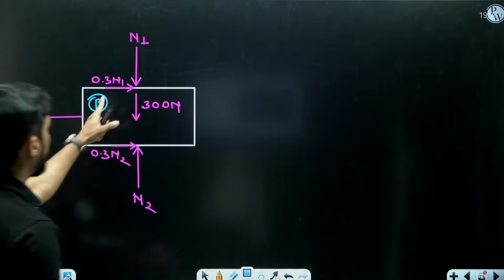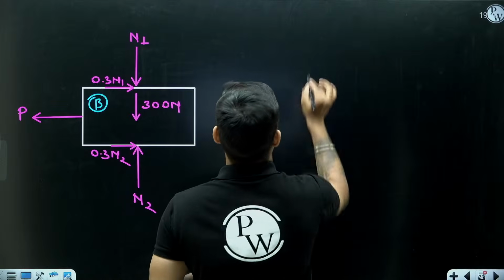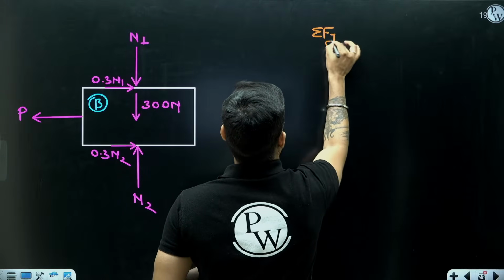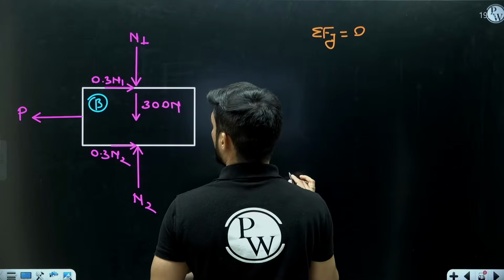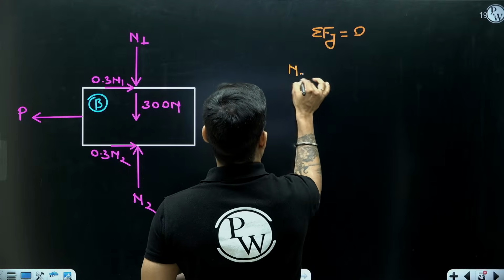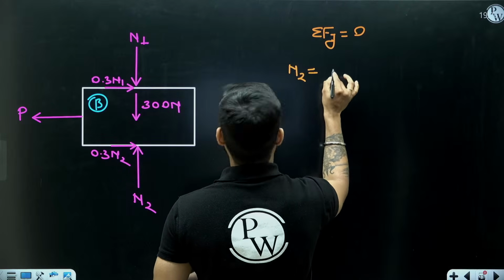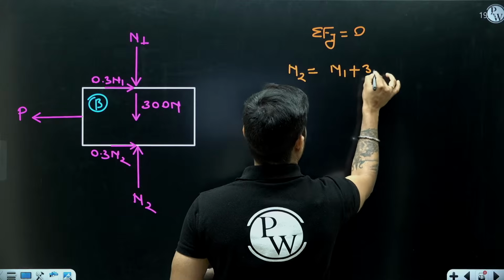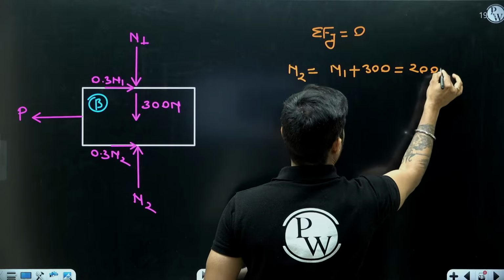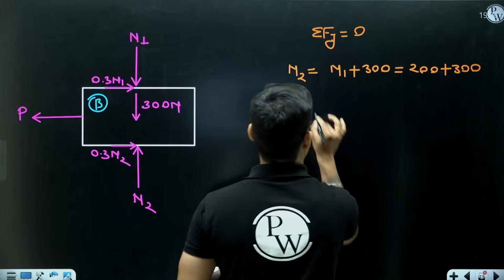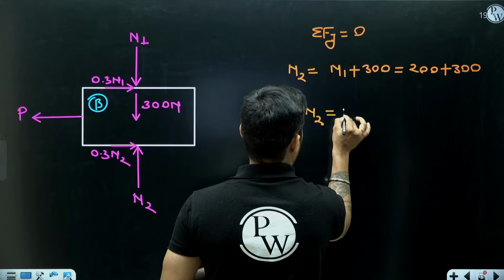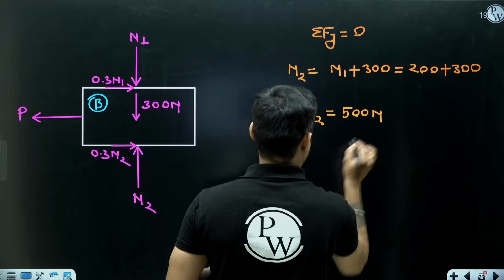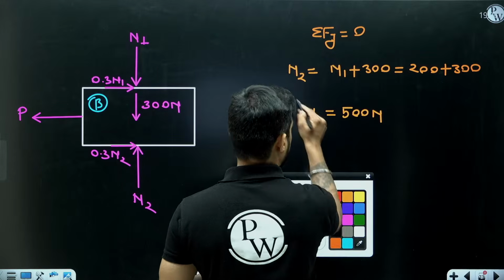Now I will apply the equilibrium equation here again. Summation of Fy equal to 0. It will be N2 equal to N1 plus 300, means 200 plus 300. So N2 equals 500 Newton.